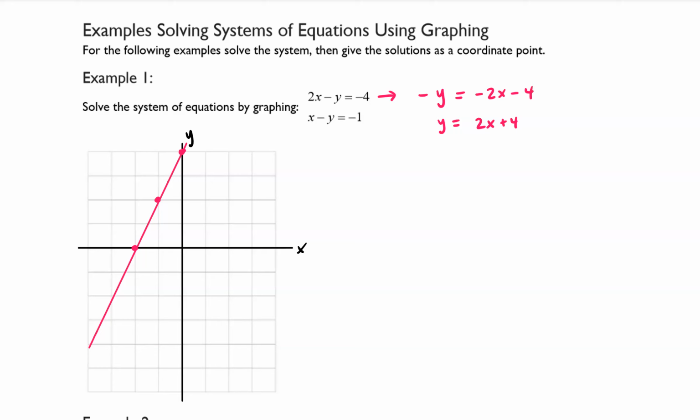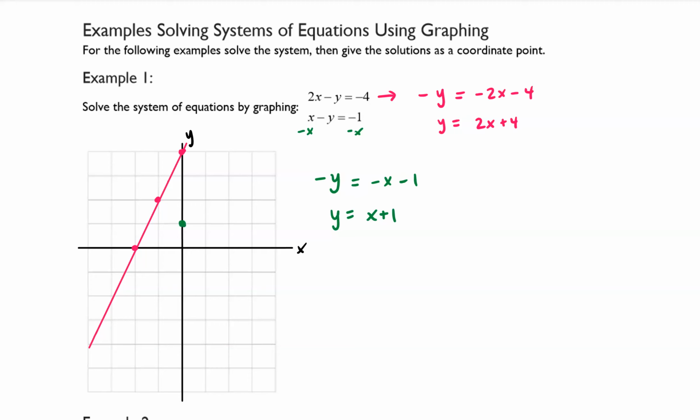And then our other line, I'm going to subtract x from both sides, and if I do that, I get negative y equals negative x minus 1. And if I multiply every term by negative 1, I'd get y equals x plus 1. And that has a y-intercept of 0, 1.